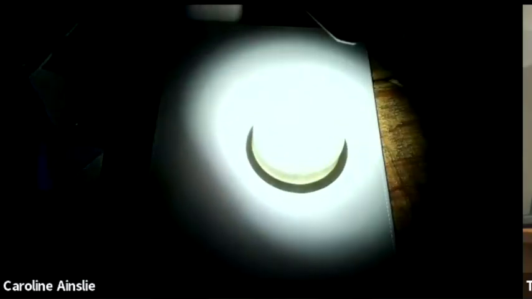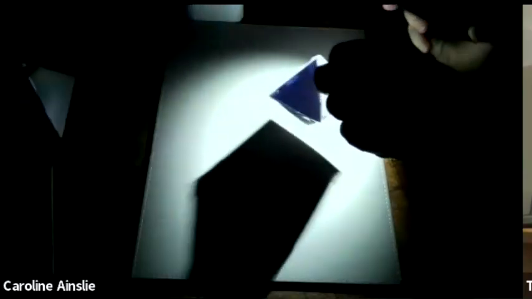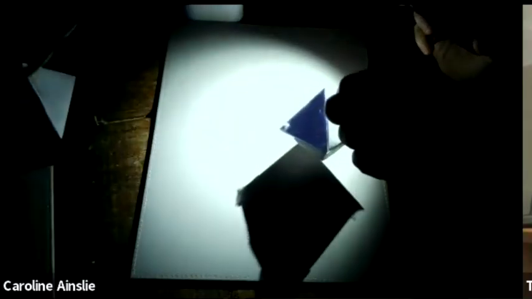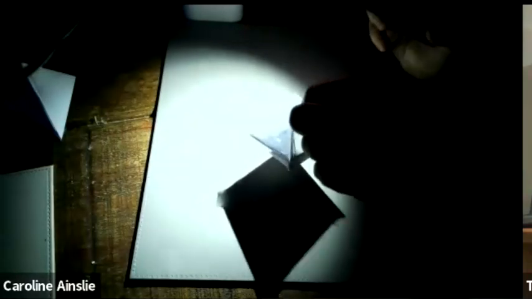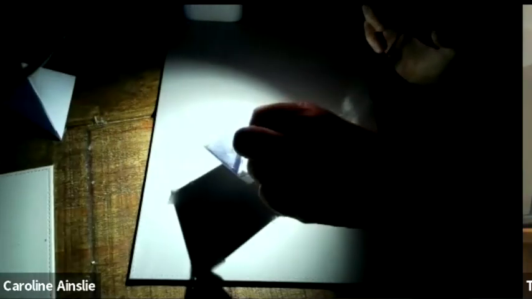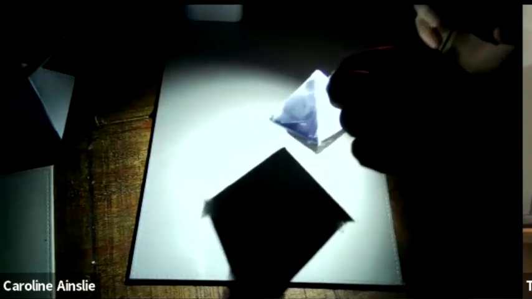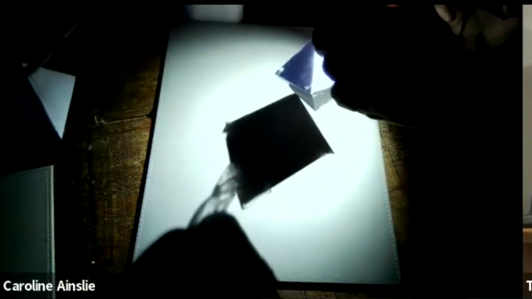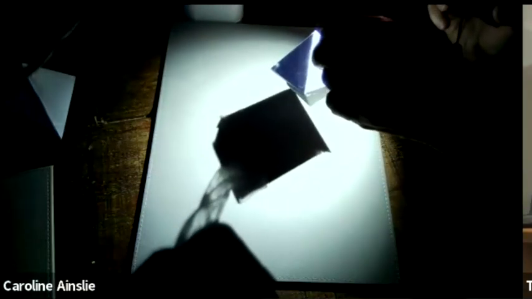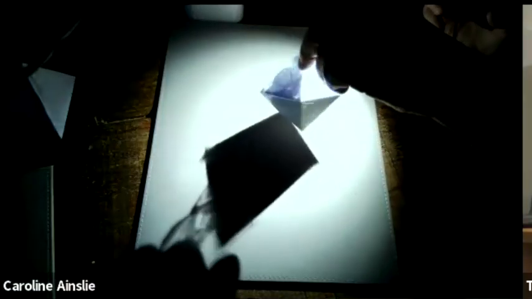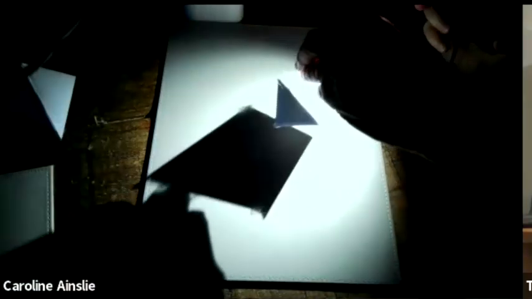You also had an octahedron, didn't you, Caroline? I've got an octahedron. Now, the beauty with the octahedron is you can also make a square. Let's see if we can do that with the pyramid as well. Here we go. If I move it, there we go. It's a kite at the moment, but if you move it just right, you can also make a square, because you can see the cross section.